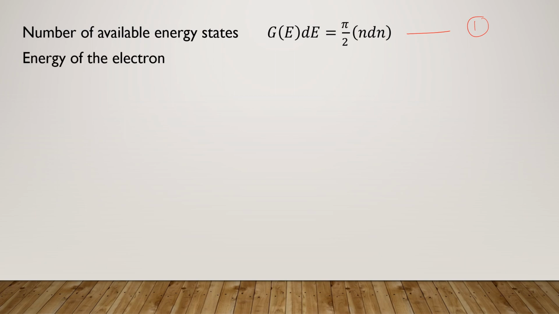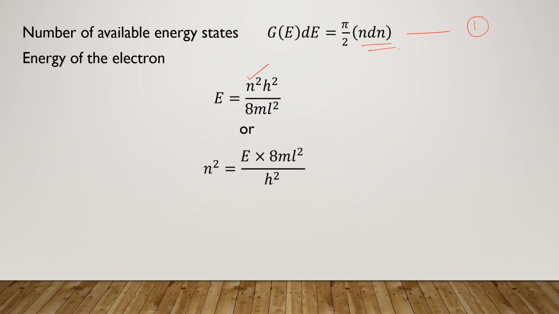Now, the energy of the electron is n square h square by 8m L square. Since we have n here, this n square is taken and the remaining is consolidated on the other side. N square is equal to E into 8m L square by h square. Then differentiating n with respect to E, we get 2n dn.